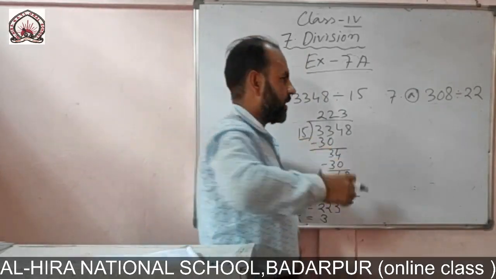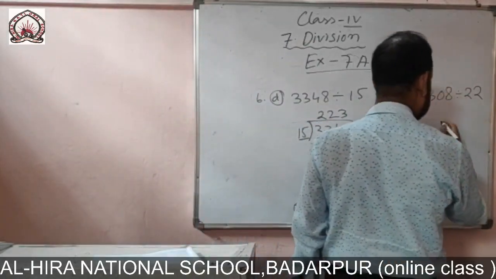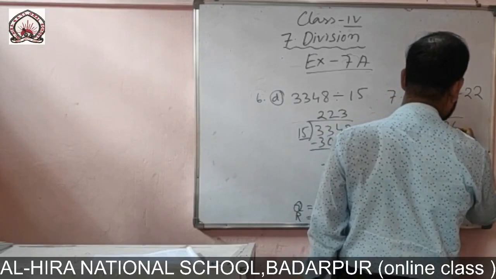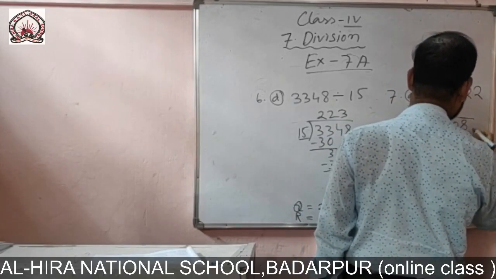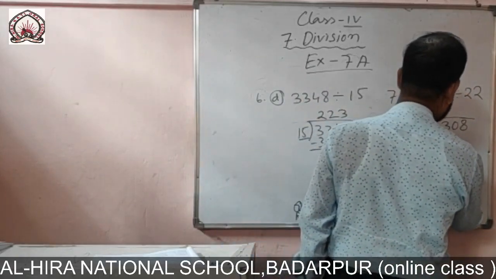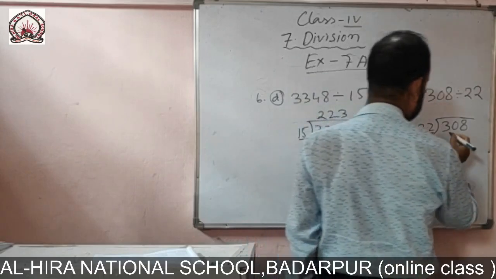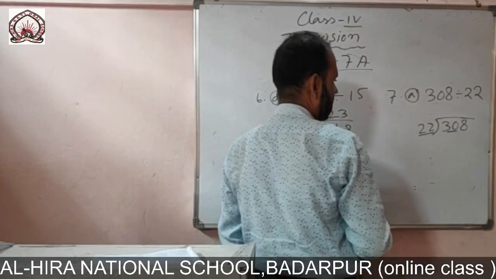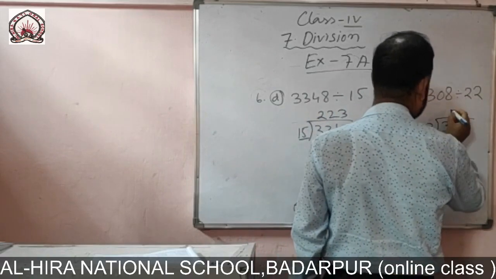So 22, 308. Here 22 is 2 digit, and we take there also 2 digit, then there is 30. So we know 22 1s are 22.